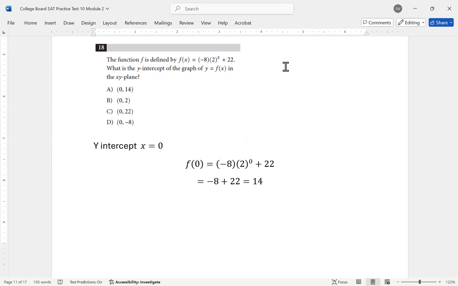So that means the y-intercept has x value of 0 and y value of 14. So the y-intercept is (0, 14), and therefore the answer to question 18 is A.